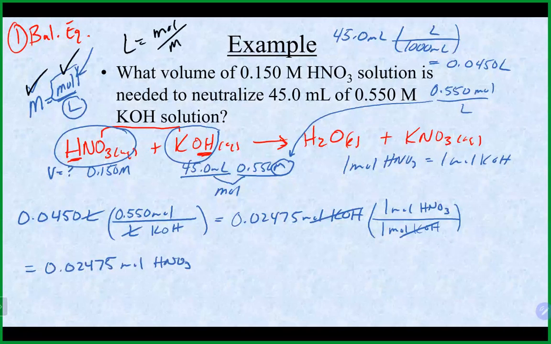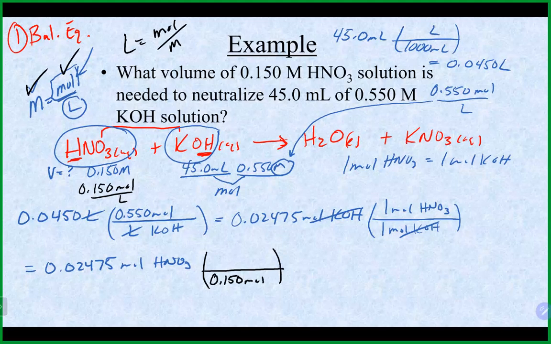Once again, here I'm going to use our molarity as more of a conversion factor so I could see the units like that. So using my nitric acid's molarity here, I'm actually going to divide by it, which means the moles need to go on the bottom, liters up on top.